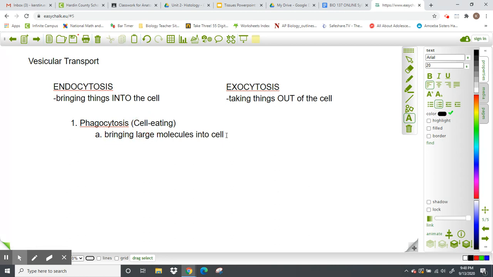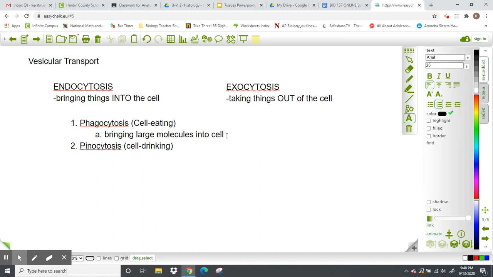Now, the other type is called pinocytosis, and essentially it is cell drinking. So it is a way for the cell to bring in large amounts of water at once, and it does this essentially in the same way.